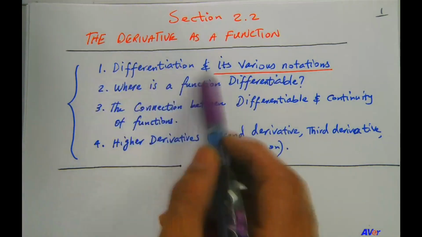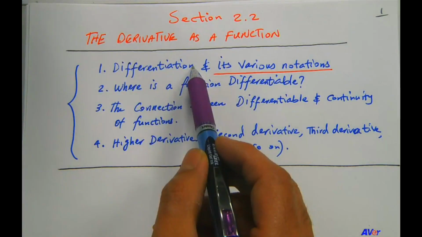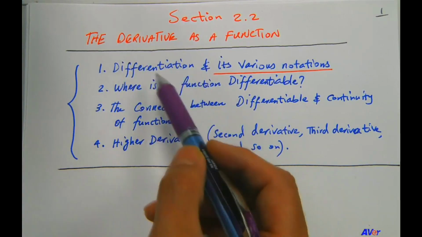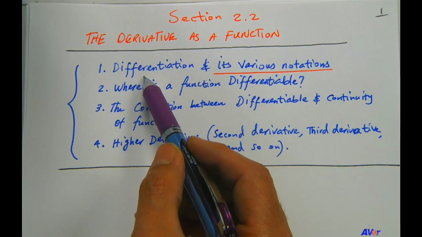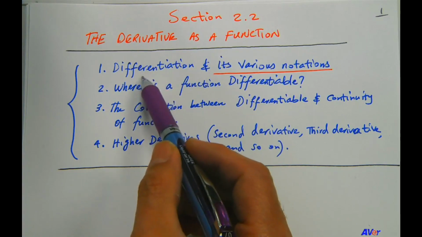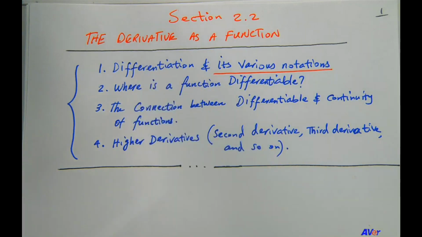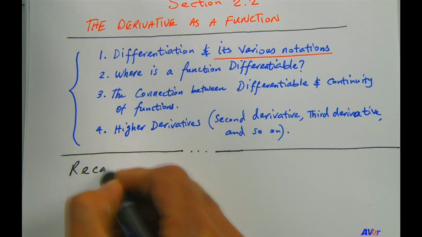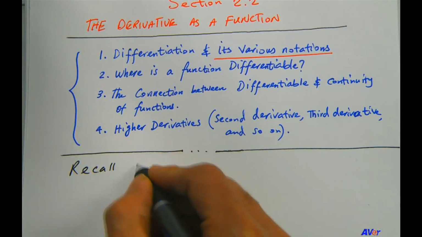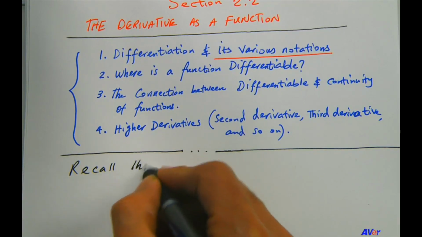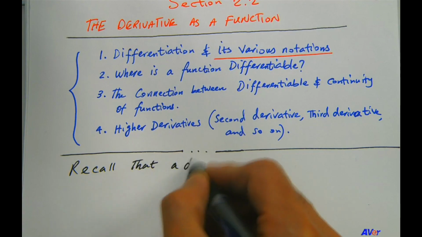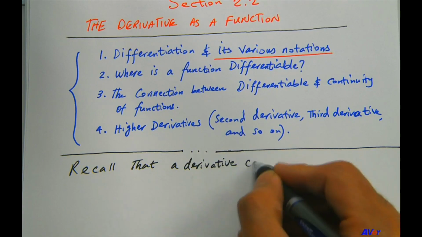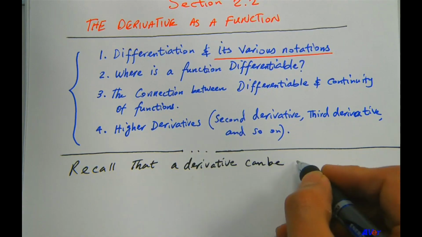You already have a pretty good idea from the last section about what differentiation is. So let's just recap that discussion very quickly, what we talked about in section 2.1. So recall that a derivative can be obtained by its definition. Remember that?